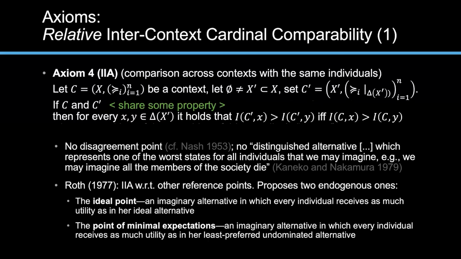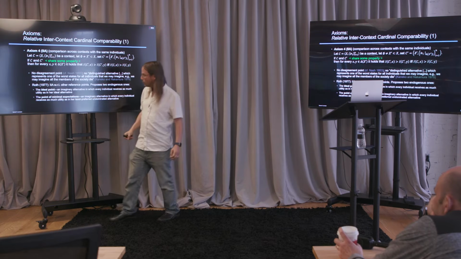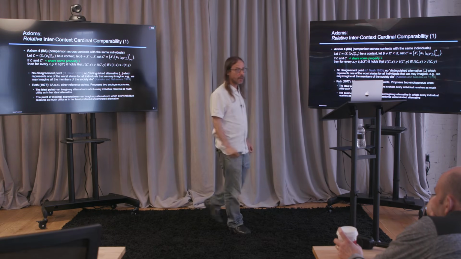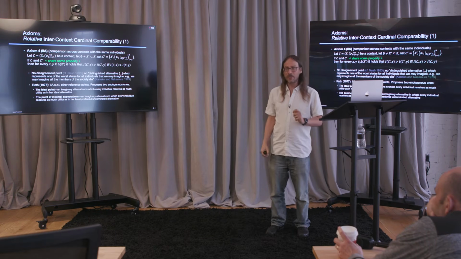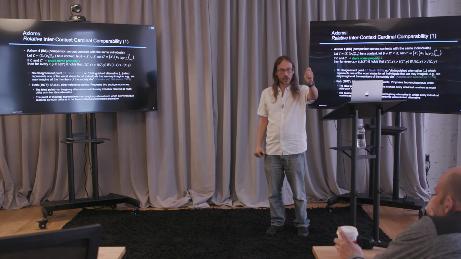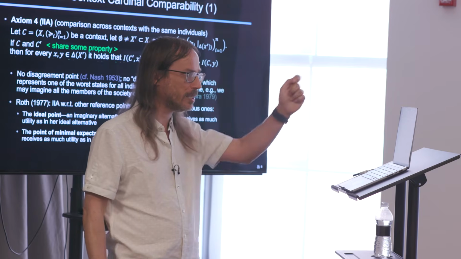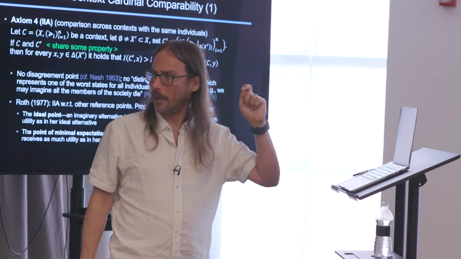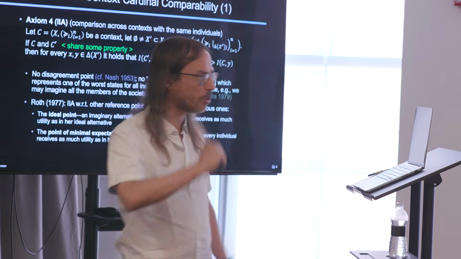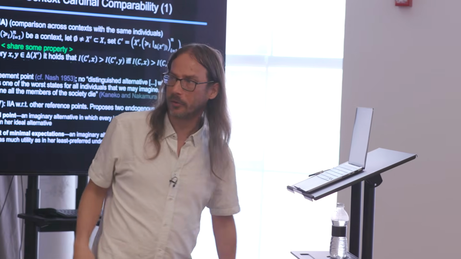And he looked at the point of minimal expectations, which is an imaginary alternative in which each individual receives as much utility as in her least preferred undominated alternative. So again, two contexts have the same point of minimal expectations if for each individual they're indifferent between their least preferred undominated alternative here and their least preferred undominated alternative here.